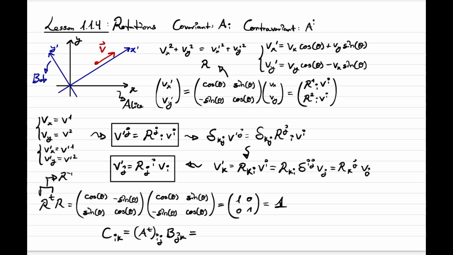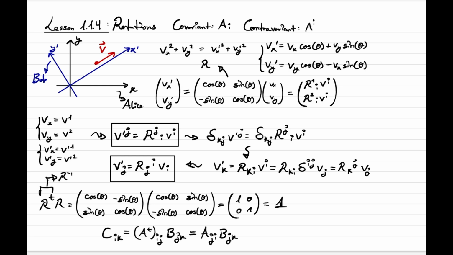We can do a little trick: because this is the transpose of the matrix A, and the transpose by definition changes the rows by the columns, this is just A ji, where we interchange the indices, with B jk.